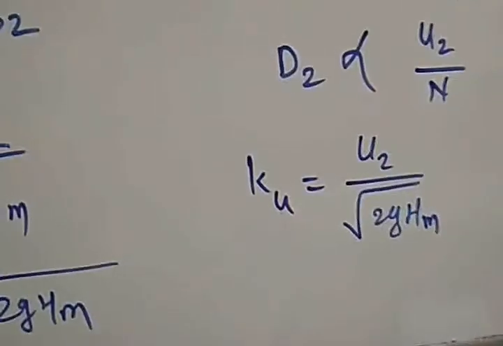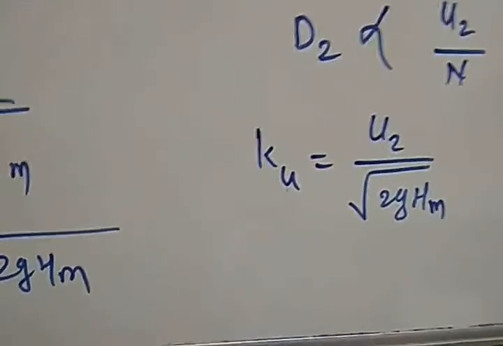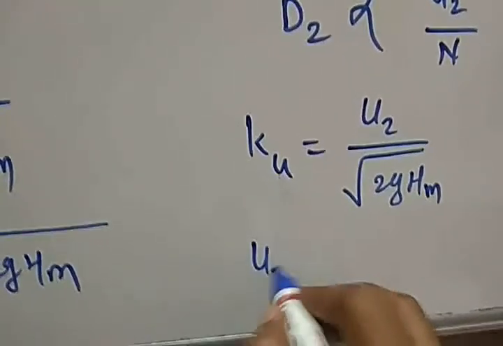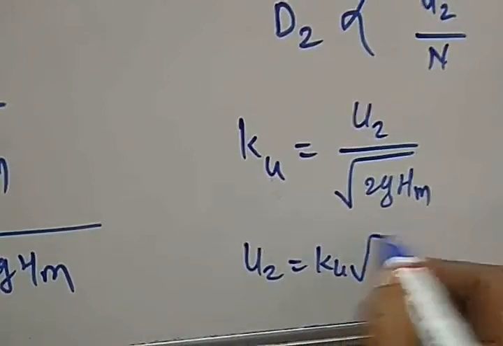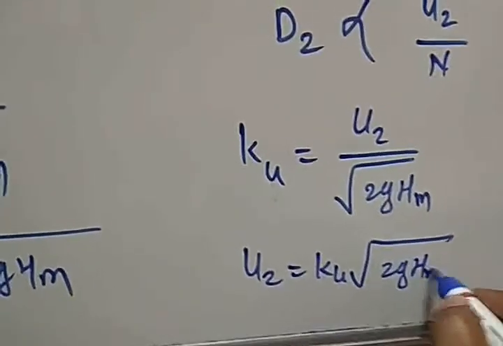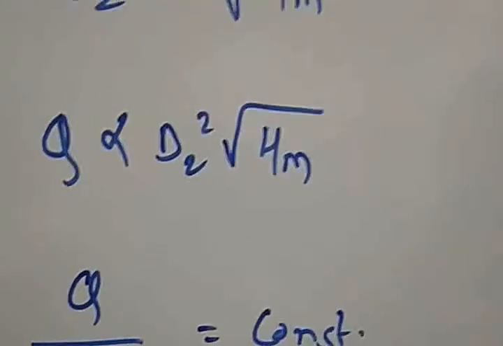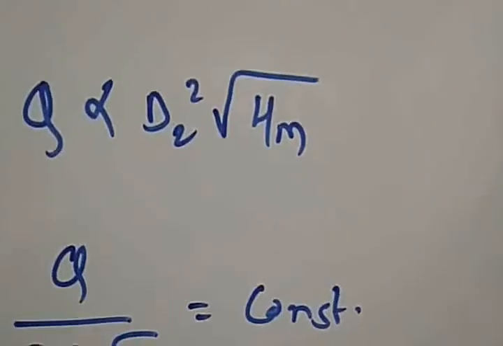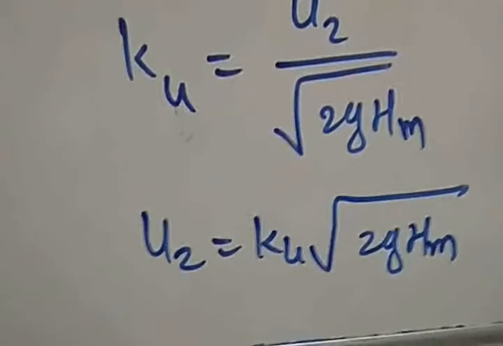So I can write u2 is equal to Ku under root of 2ghm. Hence u2 is proportional to under root of hm, because Ku is constant and 2g is constant.